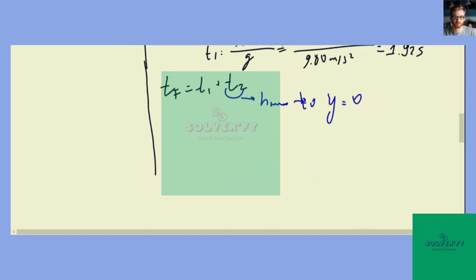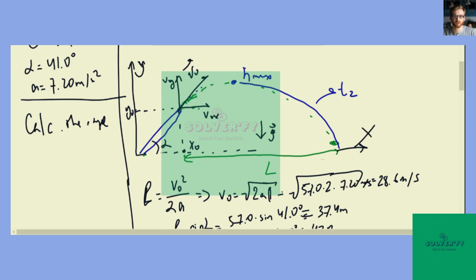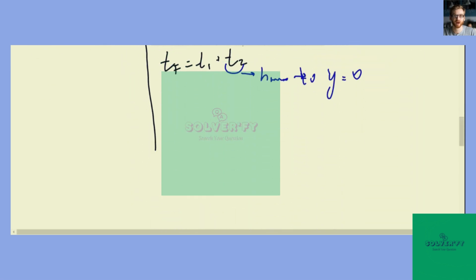During this time t2, the vertical coordinate changes from h maximum to 0. Therefore, h maximum equals g t2 squared over 2, because the initial y velocity is 0 in this case. So t2 equals the square root of 2 h maximum over g.